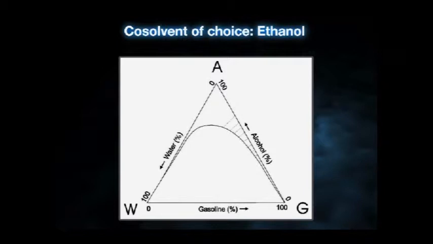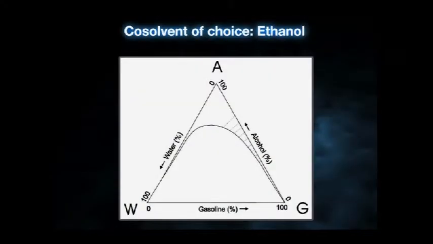Well, if we pick one point here, where the mouse is, you will see that at that point we have three components. We will have water, alcohol, and gasoline. How do I measure the amount of gasoline? I just pick a line parallel to that one that crosses through this point. If this is 0 to 100% gasoline, it will give me the percentage of gasoline that I have in that ternary mixture.